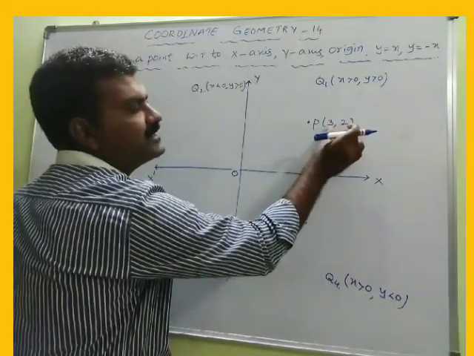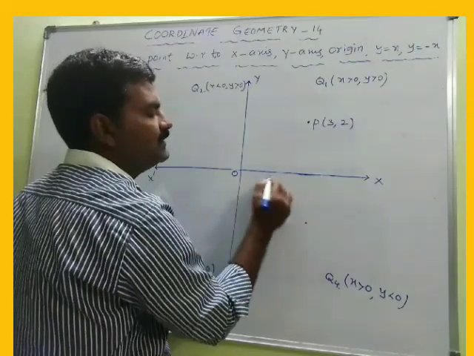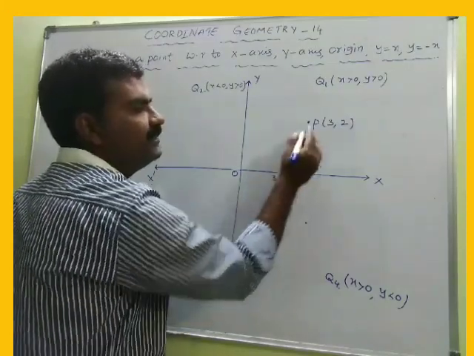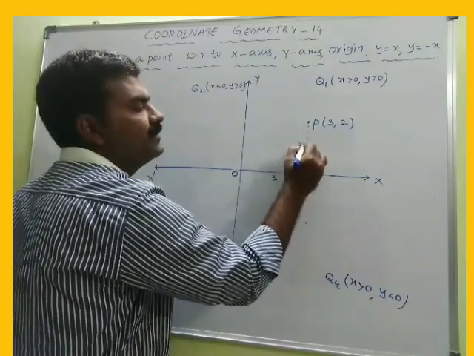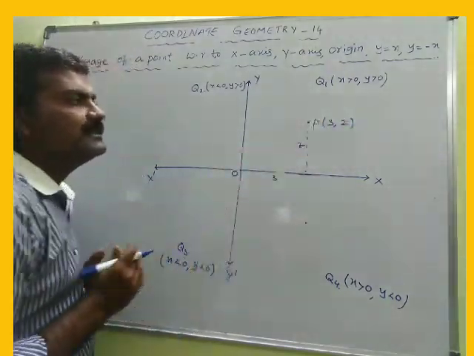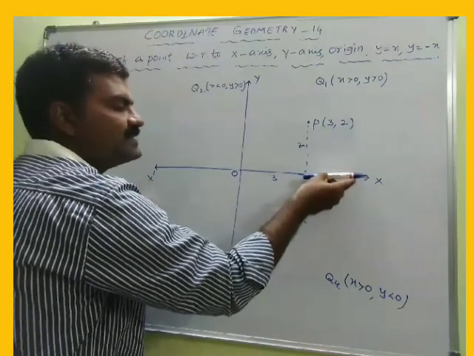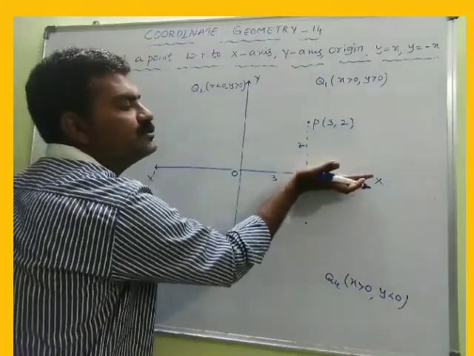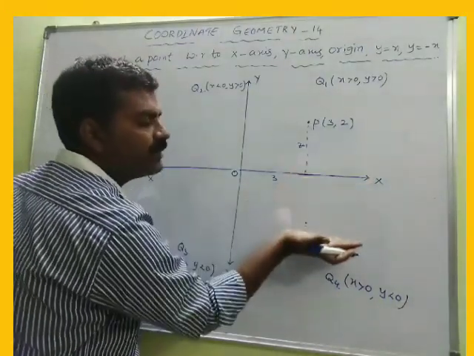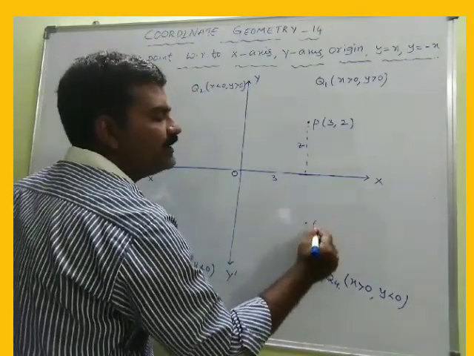For example, if this is the point (3, 2), you know very clearly this length is equal to 3 and this length is equal to 2. Now, with respect to the x-axis, which acts like a mirror, its image will fall down. When coming here, the coordinates do not change.